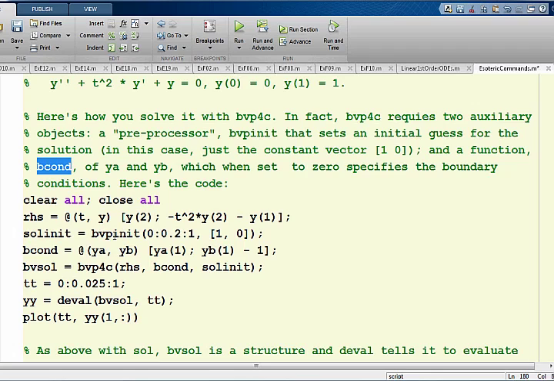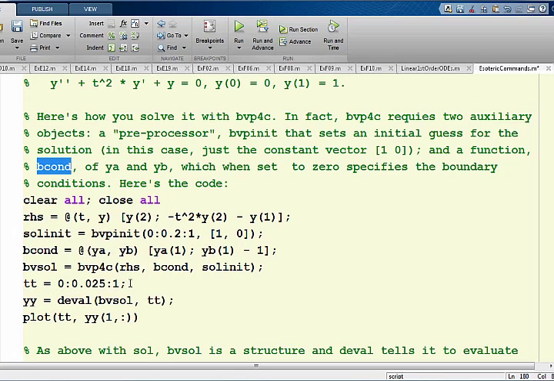We apply the preprocessor, and this is our initial guess for the solution, and there's the boundary condition. YA1 minus 1, so this is 0 at 0 and 0 at 1. And then we set bvp4c on it with these two preconditions.